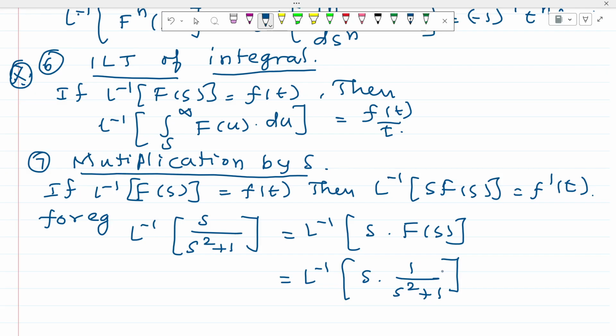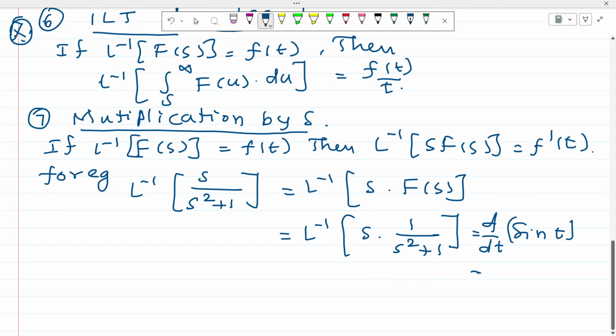L inverse of 1 by s square plus 1 is sin t. But f dash of t, that is d by dt of sin t, is cos t. Directly we can write s by s square plus 1 is cos t only. But for example, if it is multiplied by s, then we have to differentiate one time.